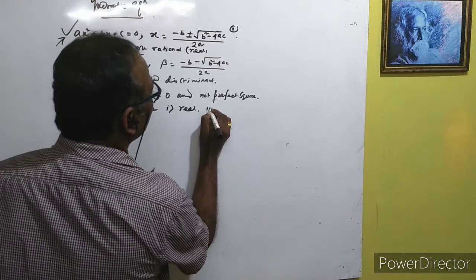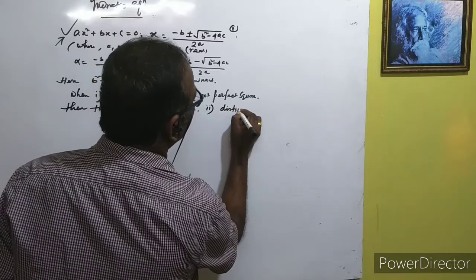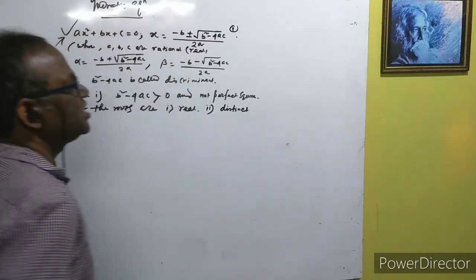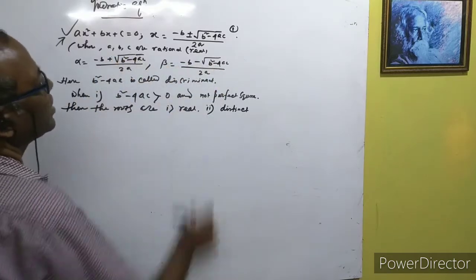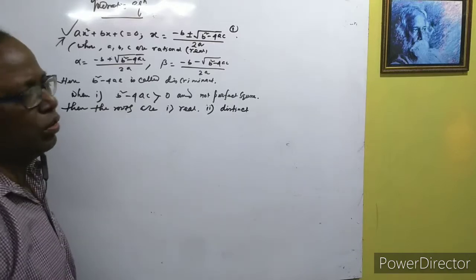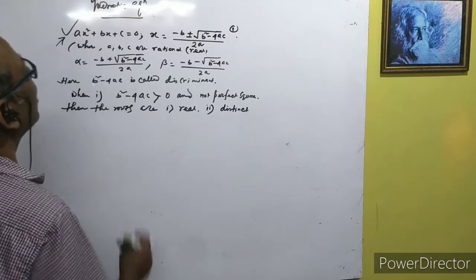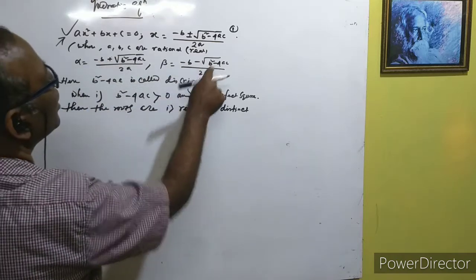And number 2 is distinct. Distinct means different. If b square minus 4ac is 0, then the roots are the same, but except 0, for some other value, we get plus minus: minus b plus something and minus b minus something.